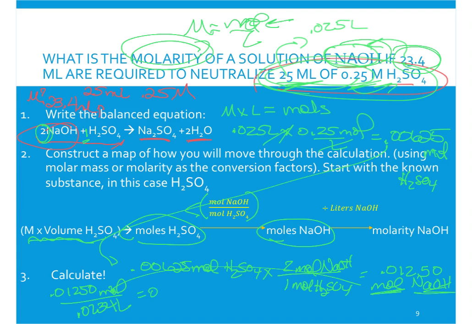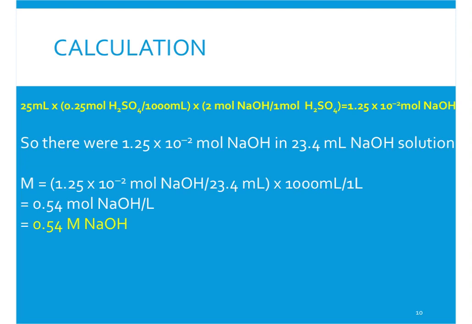So that tells me that the molarity that I need of NaOH to react with this quantity of H2SO4 is 0.534 molarity. That should be the answer. And we lucked out. That is actually the answer.